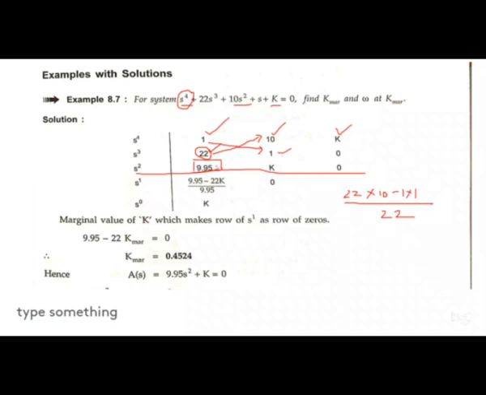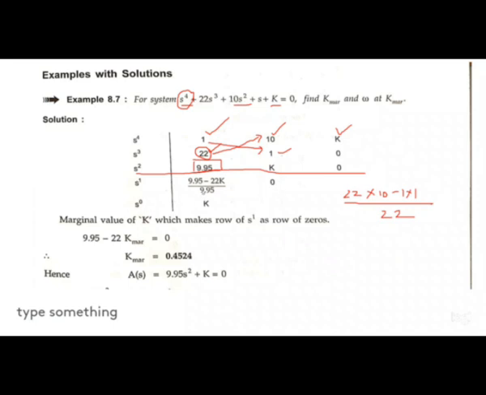Similarly, you take these two rows into consideration and adopt the same procedure: 9.95 into 1 minus 22K, all divided by 9.95, you get this, and 9.95 into 0 and 22 into 0 is nothing but 0, so you get 0.